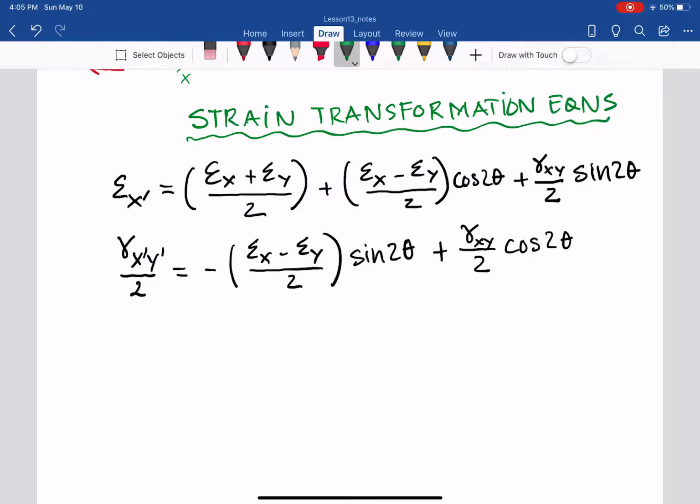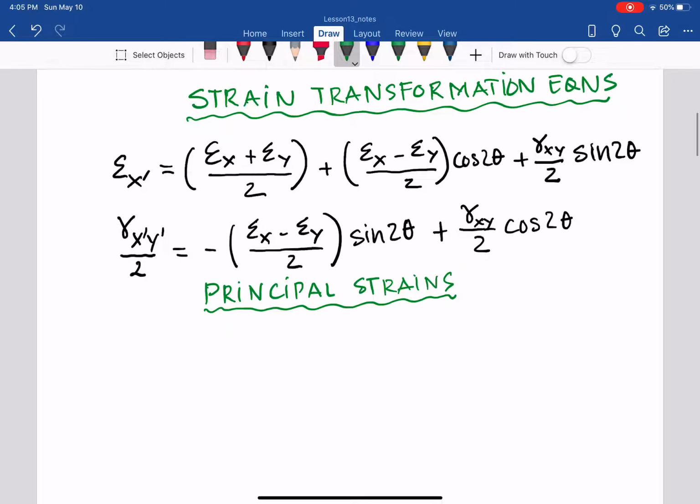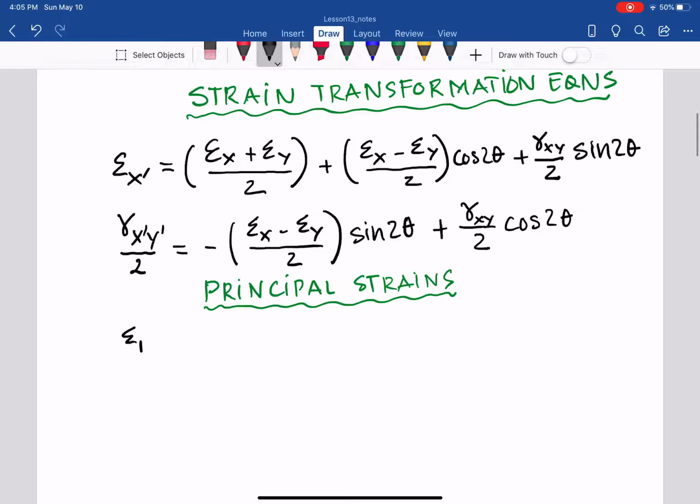Like the principal stress, right? So we also have principal strain. In there we have sigma 1, sigma 2. Now we have epsilon 1, epsilon 2.